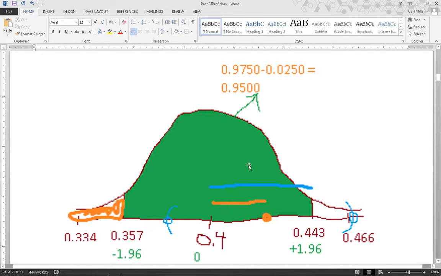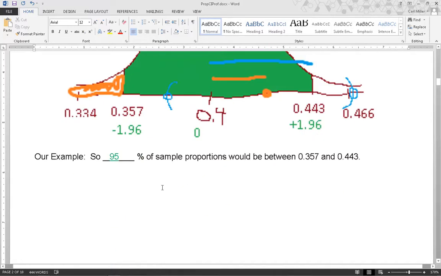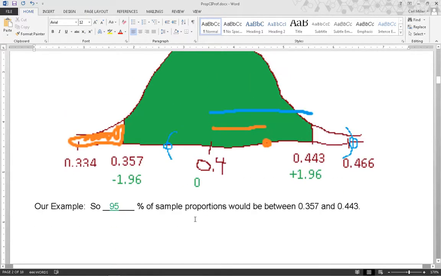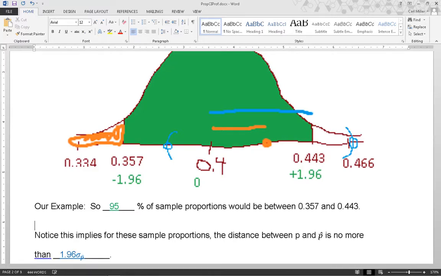So the difference would be 0.95 or 95%. So 95% of sample proportions, p hat values, would lie between 0.357 and 0.443, which is the 0.4 minus and plus the standard error.